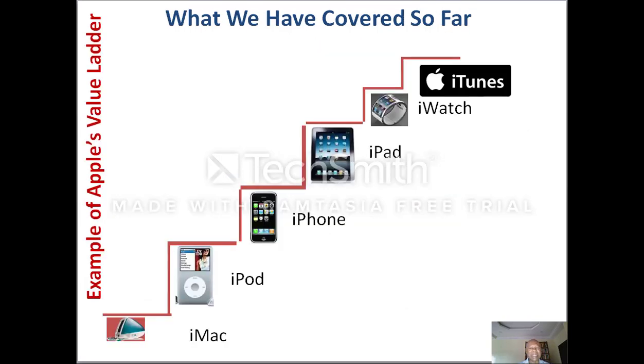And I said that this thing is not just a theory, that companies are practicing this value ladder. This is an example of Apple's value ladder. Apple, of course, you know, was almost gone before Apple launched iMac, and iMac changed everything. And then iPod, iPhone, iPad, iWatch, iTunes. iTunes now I think is called iMusic or something like that.